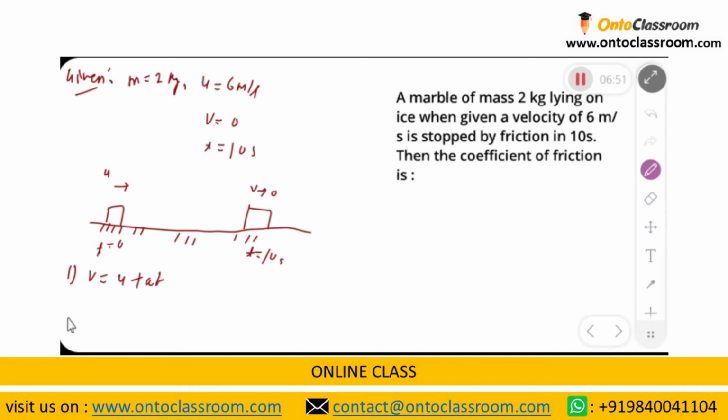The second point is the FBD, which I can make, as well as Newton's second law, NSL, which says F net is equal to MA. So you know that.